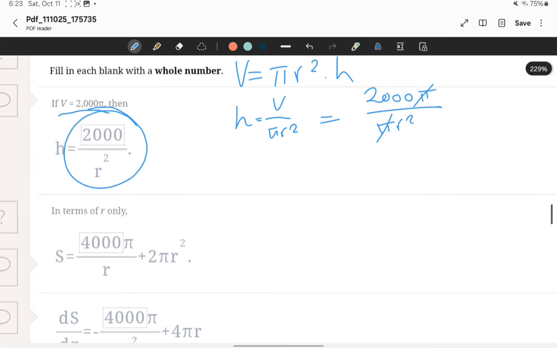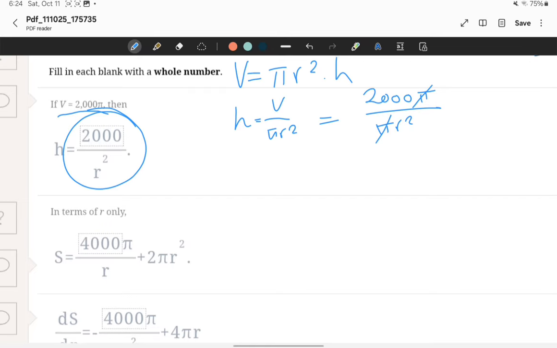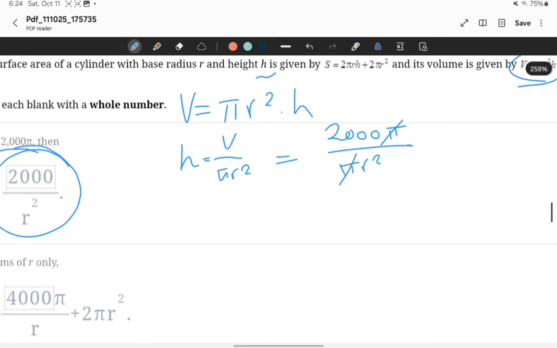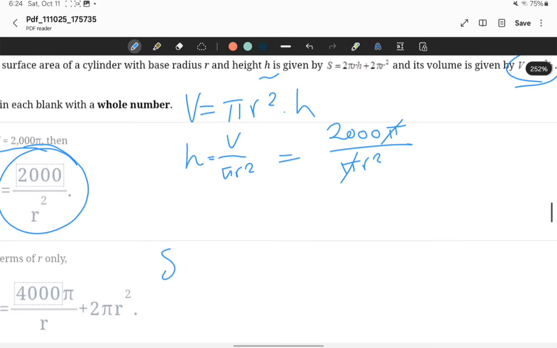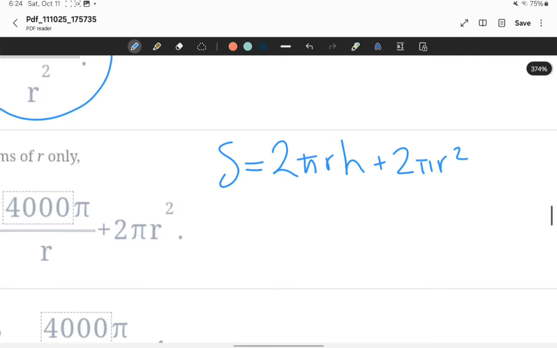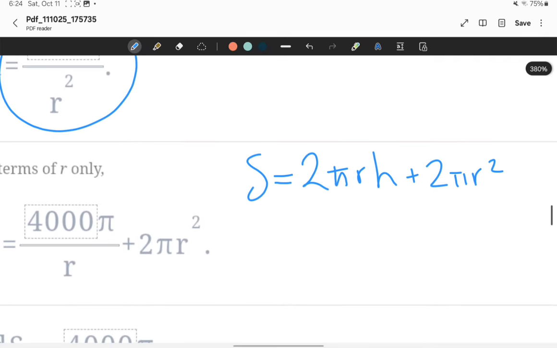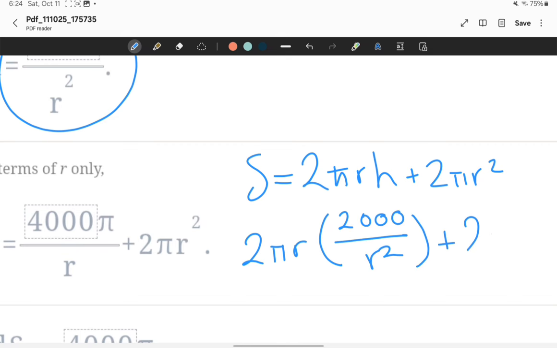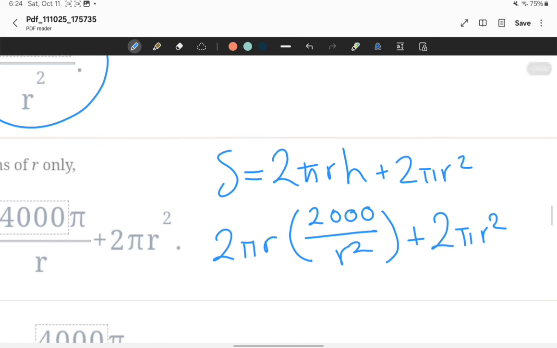Now part B, in terms of r, the surface area is equal to what? Once again, we're going to take our new height and substitute it into our surface area equation. So our normal surface area equation is 2 pi rh plus 2 pi r squared. Now we take our height and substitute it into this. So it's 2 pi r times our height, 2000 over r squared, plus 2 pi r squared.